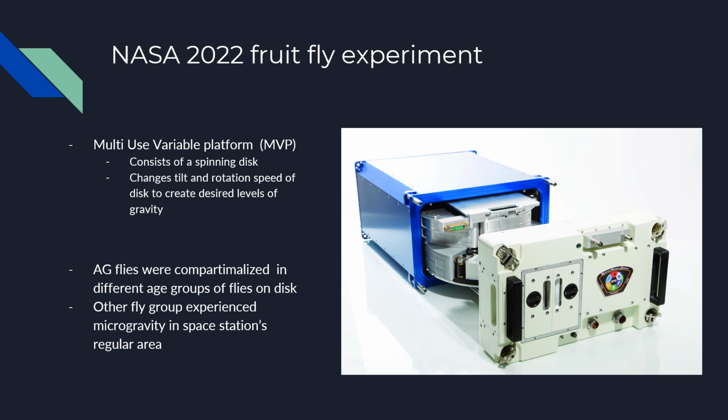So, anyways, in this experiment, the AG flies were put on that disk and they used different age groups, of course, to avoid that discrepancy. And they wanted to compare that against something, so they made another group of flies outside of the centrifuge. And those guys just experienced microgravity, same as any astronaut inside the space station.